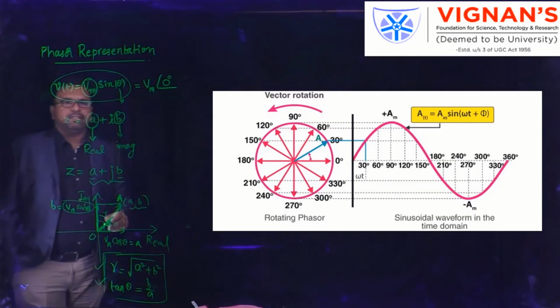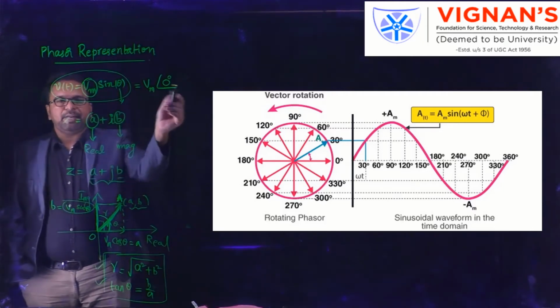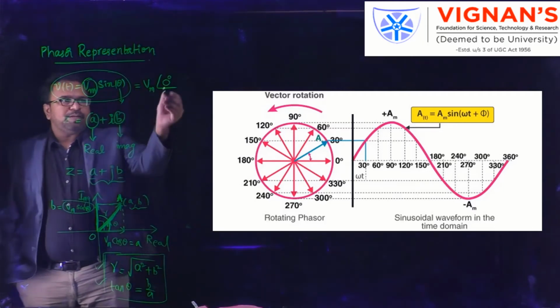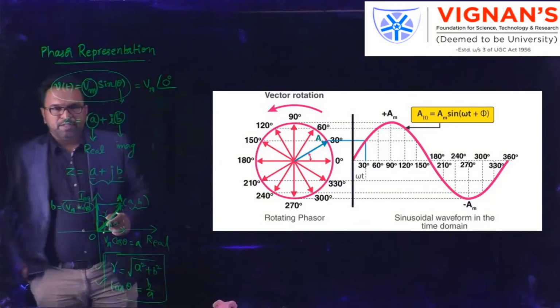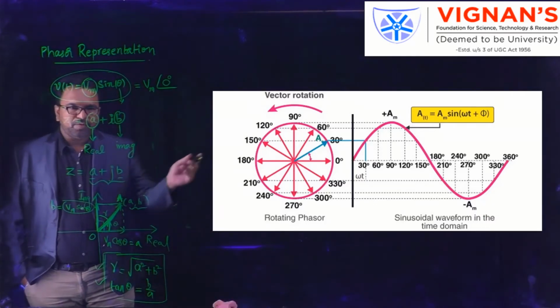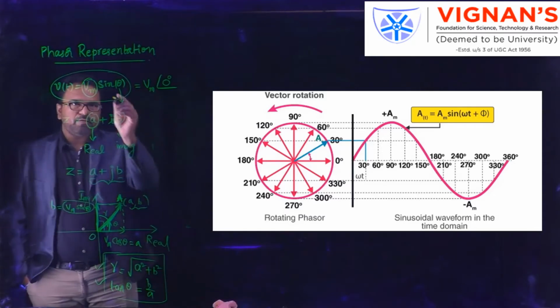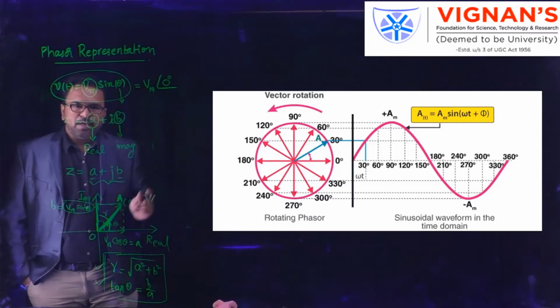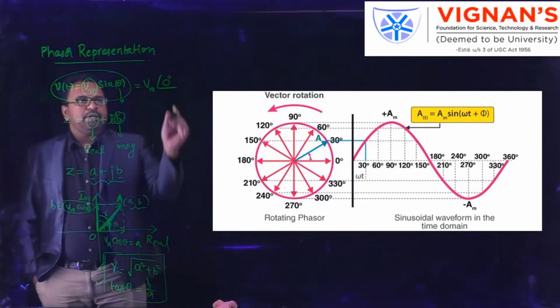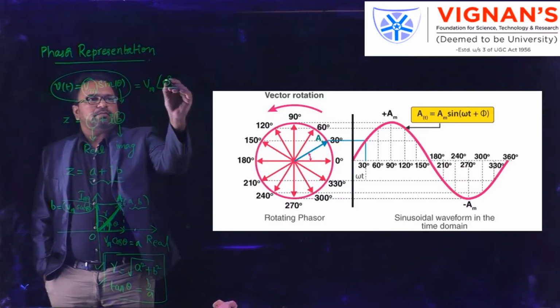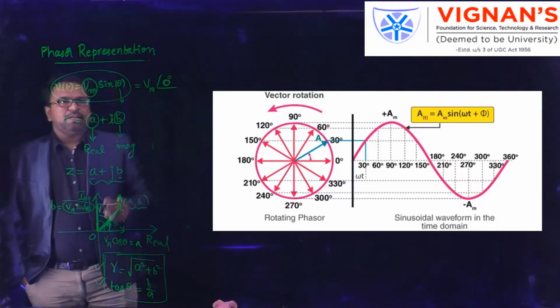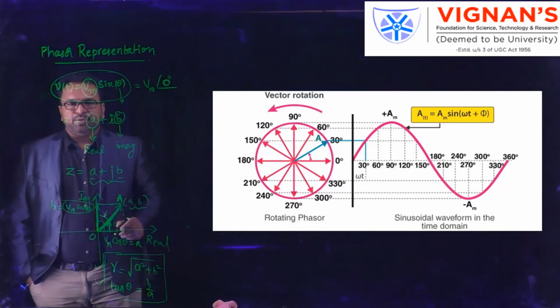Why 0 degrees? Because if you observe the sinusoidal waveform, Vm sin theta always starts at 0 degrees. That's why the reference angle, the phase angle for Vm sin theta, is always 0 degrees.